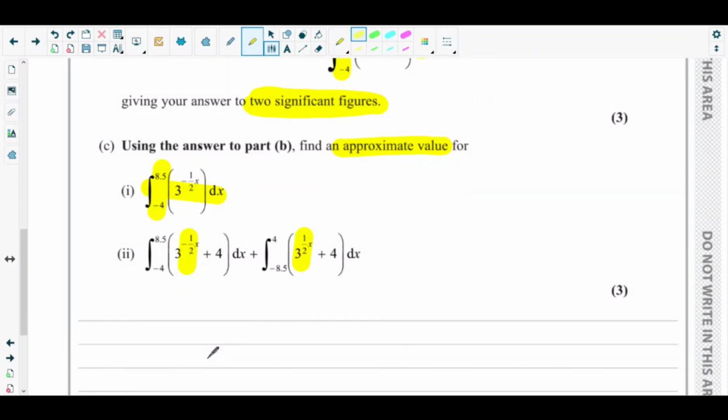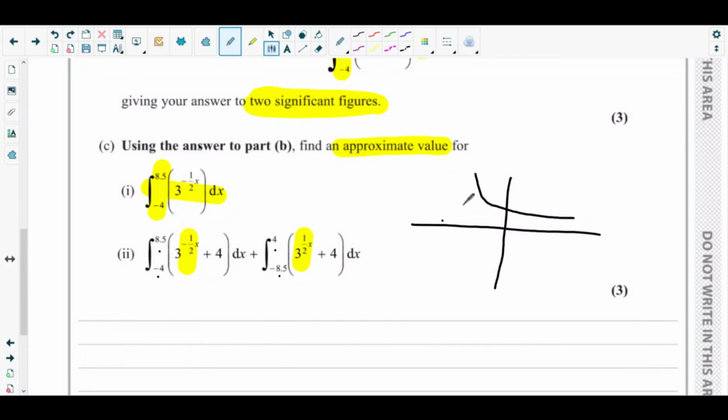This is from -4 to 8.5 and this is from -8.5 to 4. The power was inverse in the previous one, so you can consider the change like this. Earlier the area was from 8.5 to -4.